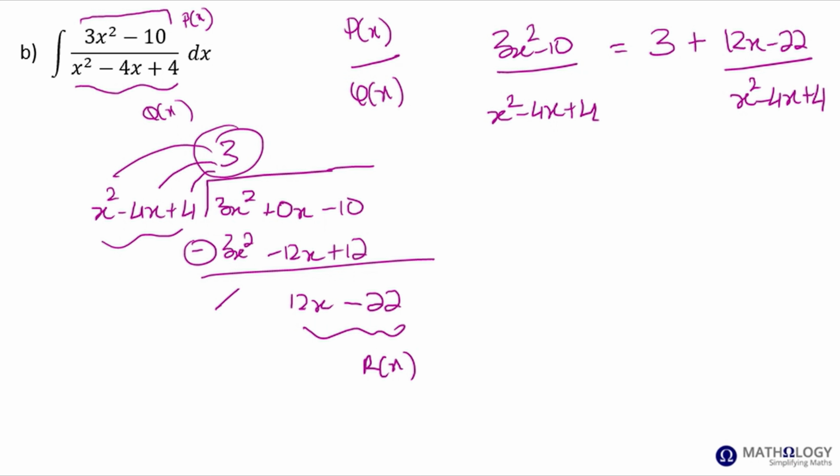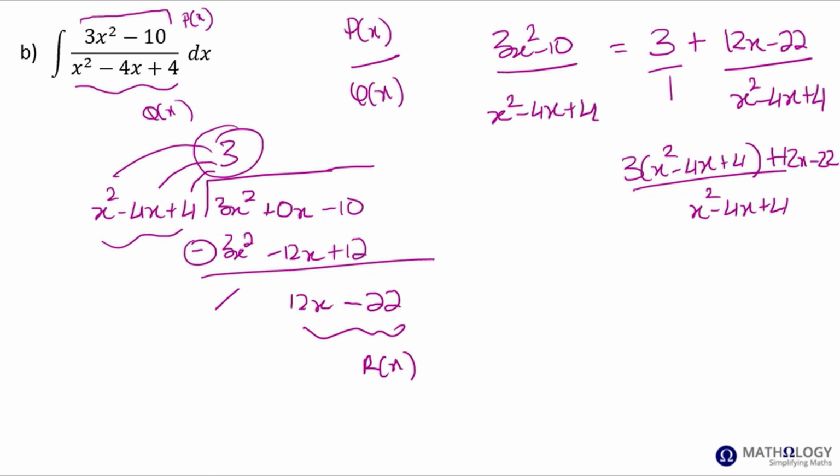Now we're going to check this first to make sure that we get 3x squared minus 10, otherwise we're going to be wasting our time continuing with the problem. So we're going to get a denominator here, x squared minus 4x plus 4. So at the top we'll have 3 times x squared minus 4x plus 4 plus 12x minus 22.